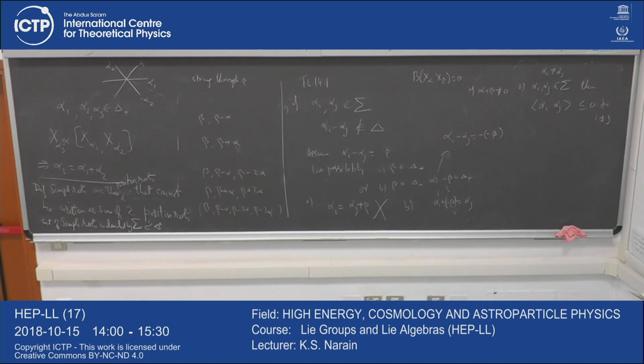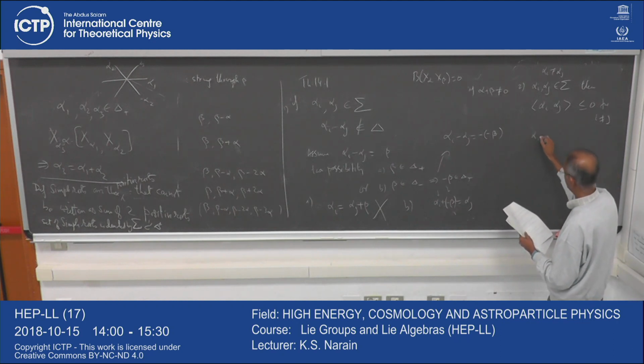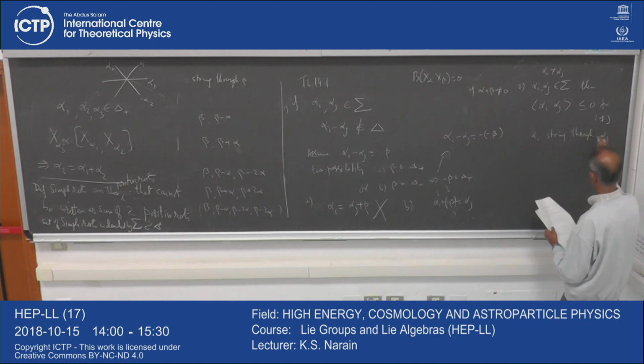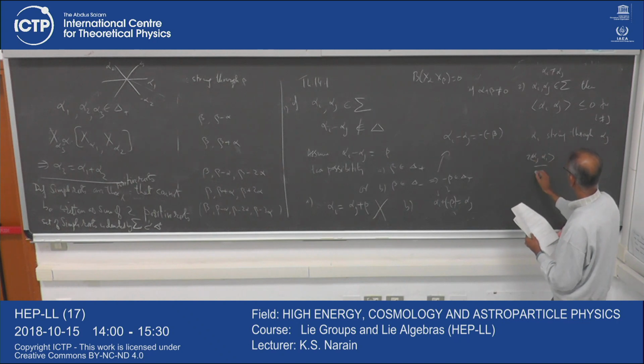Okay. So how do you prove this? It's just a consequence of looking at the chain. So if you look at this alpha i string through alpha j, then we had this formula 2 times the inner product of alpha j and alpha i divided by alpha i inner product alpha i.